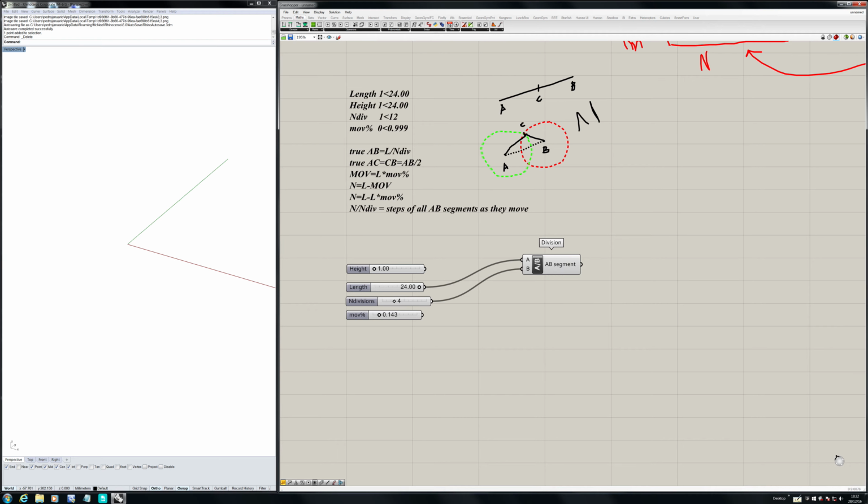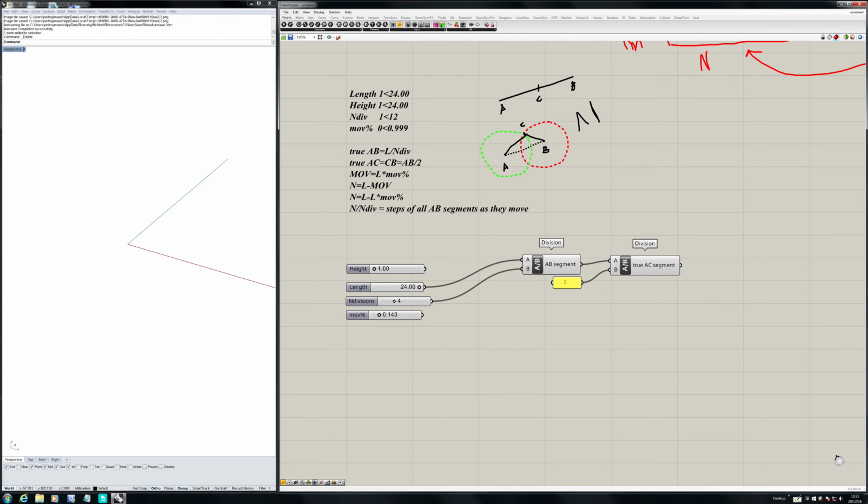Okay, now if I divide this segment by 2, then I'm going to get my AC segment, my true AC segment, that is going to become this radius.